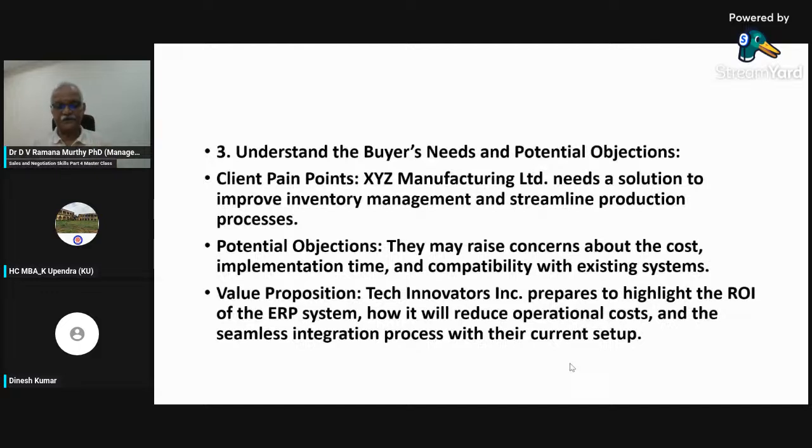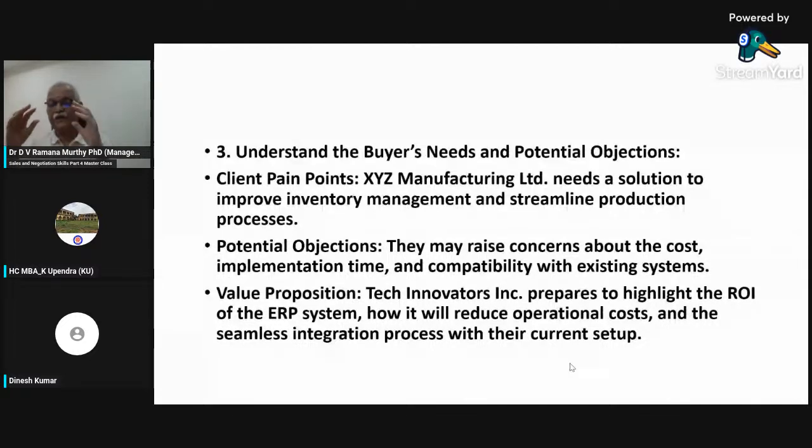Next is value proposition. Since we get these answers, that is, what is the client thinking in his mind, know the position of the client in the process of taking our ERP package. So you prepare the value propositions, like the seller organization is Tech Innovators, the sales organization is your organization, Tech Innovators Incorporated, prepares to highlight the return on investment of the ERP system.